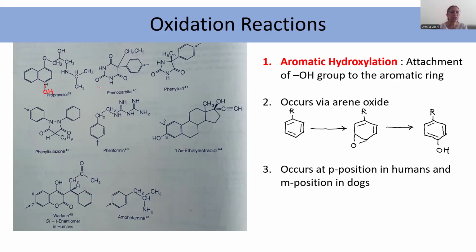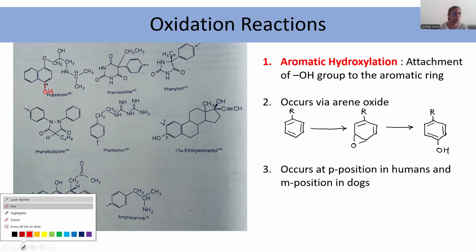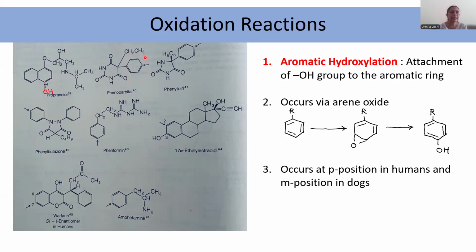Similarly, this is the structure of phenobarbital. In phenobarbital also, there is one aromatic ring, and this aromatic ring is hydroxylated at the para position. As we have discussed, the aromatic hydroxylation occurs at the para position.